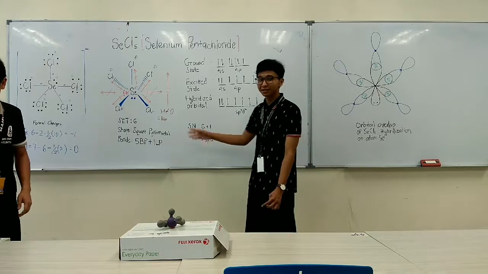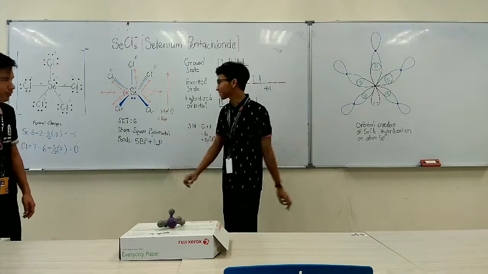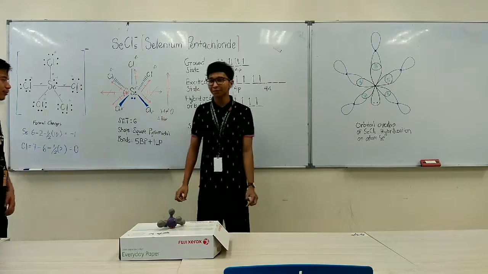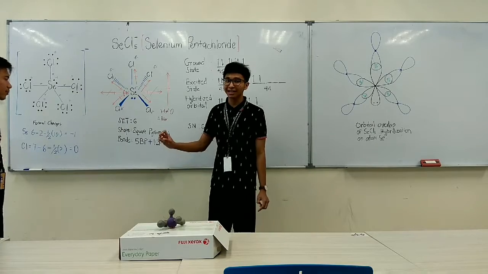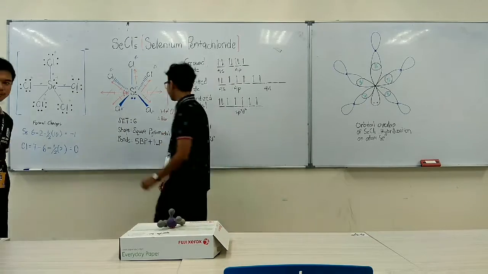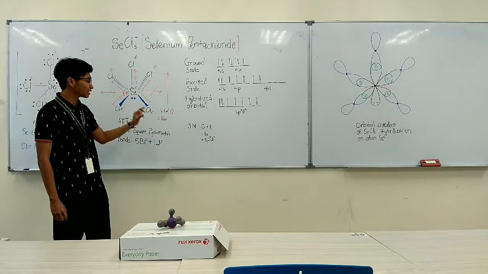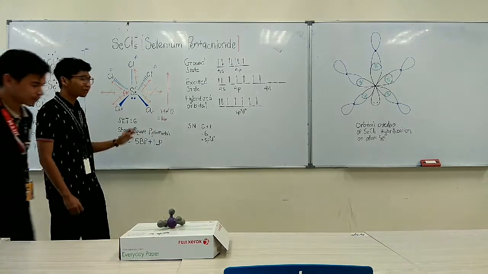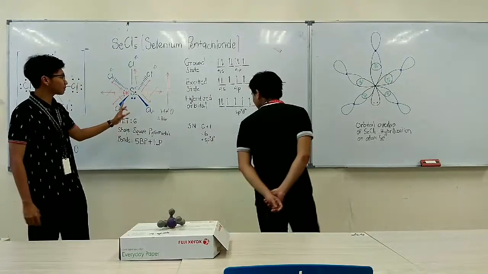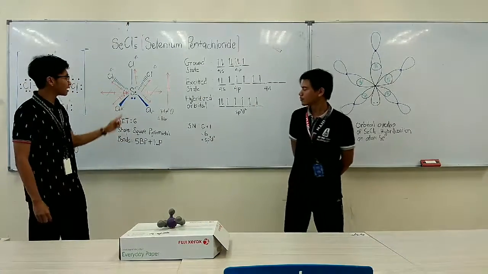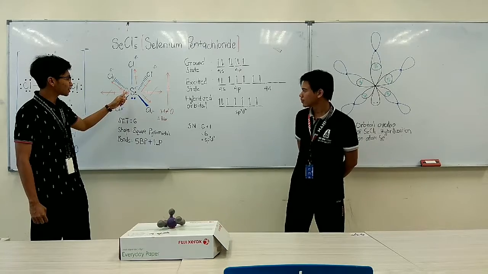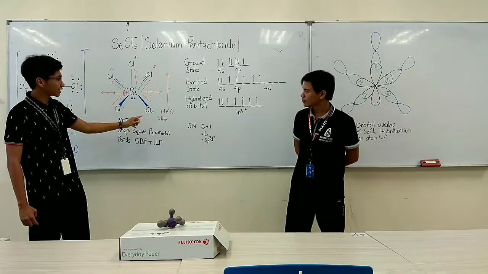Now we look at the polarity of the compound. To determine the polarity of a compound, first we have to look at the net dipole moment of the compound. As we see here, the net dipole moment of this particular compound is not equal to 0, which means it is polar. How do we know this? First, we draw the dipole arrows. Dipole arrows are drawn from the partially positive to the partially negative atom.